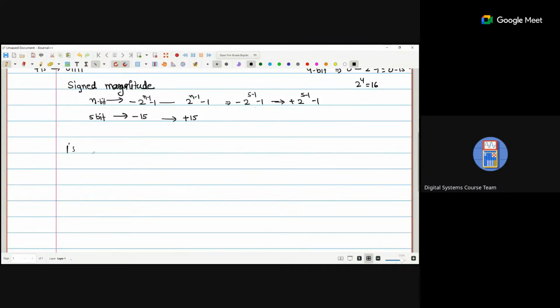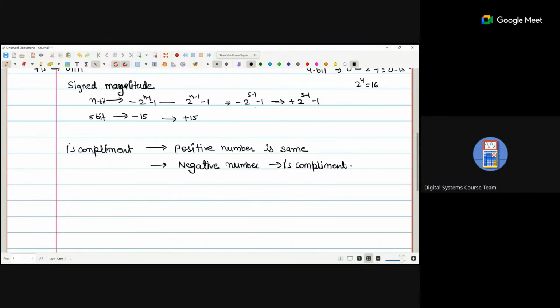Now in the case of one's complement, again a positive number is represented the same, and for a negative number we have to take the one's complement.